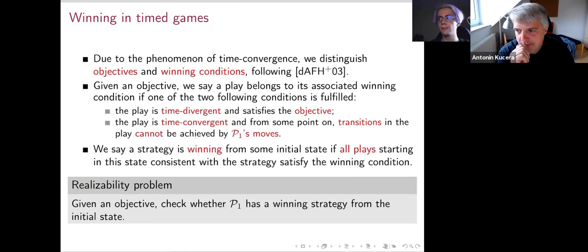Therefore, the convergence is attributed to player 2 and player 1 is not responsible for the convergence. Thus, we will say a strategy is winning from some initial state if all plays that start in this state that are consistent with the strategy satisfy the winning condition rather than the objective. This gives the following formulation of the realizability problem that requires, given an objective, to check whether player 1 has a winning strategy from the initial state.